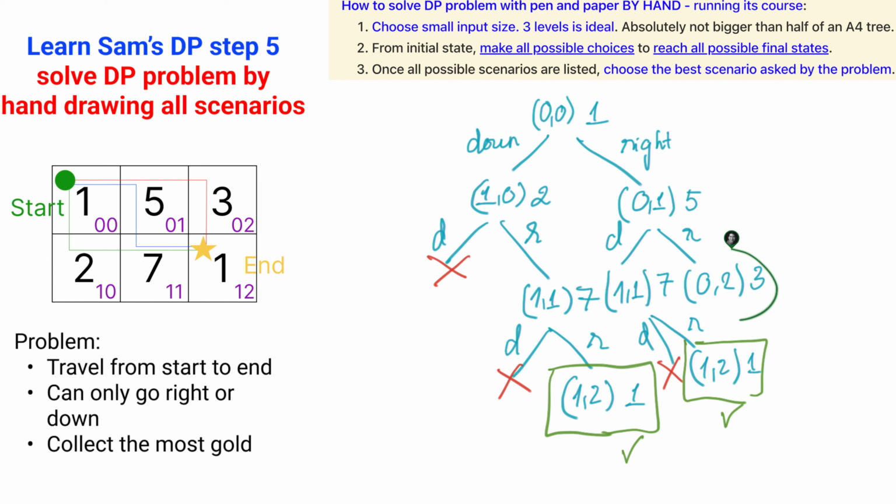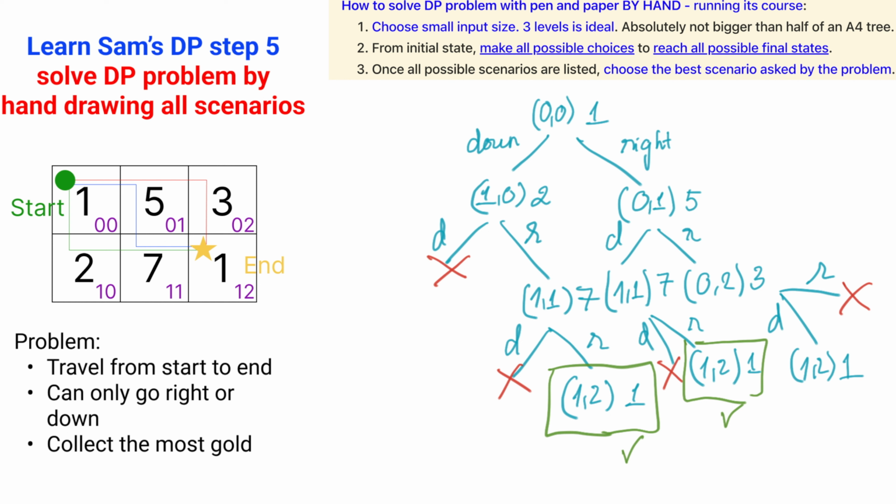Now we're gonna continue with 0, 2, which is where we are here. We're gonna make all possible choices to reach all possible final states. And from here, we can go down or we can go right. If we go down from 0, 2, it's gonna give us 1, 2 with 1 goal. And going right from 0, 2 is out of the map, so it's also a final state.